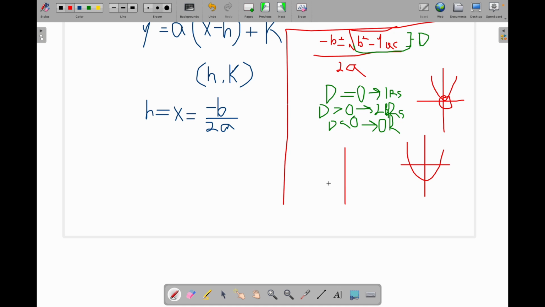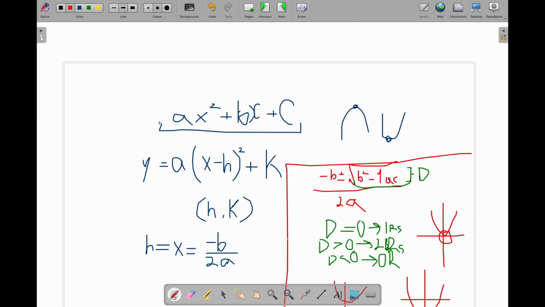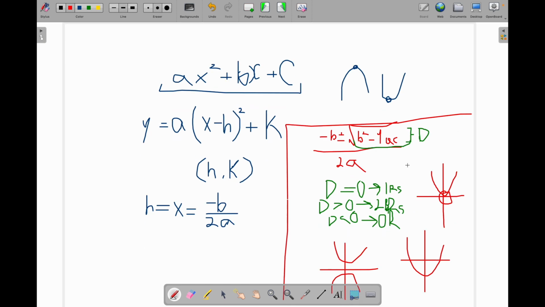And if it has 0 real solutions, it's either going to be above or below the x-axis, never touching it. And that's what the discriminant is. So sometimes you'll see a problem that says this equation has one real solution. What you're going to do is first identify your a value, grouping with the x squared, your b value, grouping with the x, and the c value, grouping with none of the x values, and then you can apply the discriminant formula.